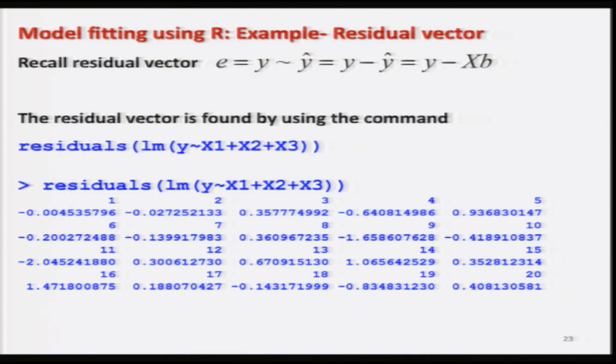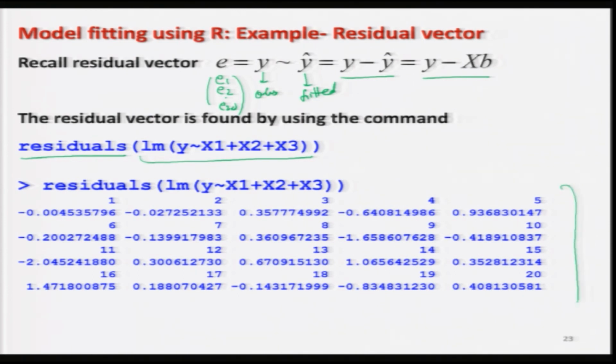And now I try to find out the residual vector. You can see in this case e is a vector e1, e2, up to e20, because we have 20 observations. Here y is observed and y hat is fitted, and if you take the difference, you will get this value. In order to obtain the residual vector, we have to use the command residuals, and inside the parenthesis you have to use the same object lm y tilde x1 plus x2 plus x3, and you will get this type of outcome.